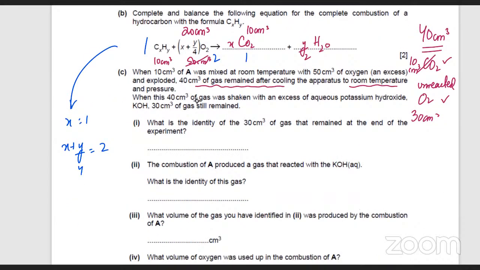And you can solve for Y then, because you know that X is 1. So 1 plus Y by 4 is equal to 2. 1 को तो लेके जाओ, it's going to become 1. Y would be equal to 4. So the answer is X is 1 and CH4. You clear? Yes, sir.